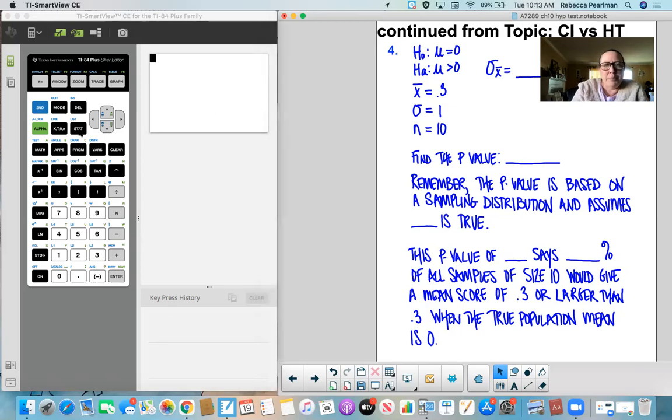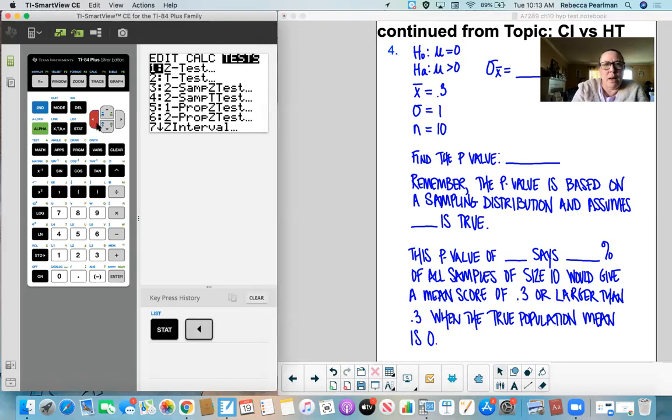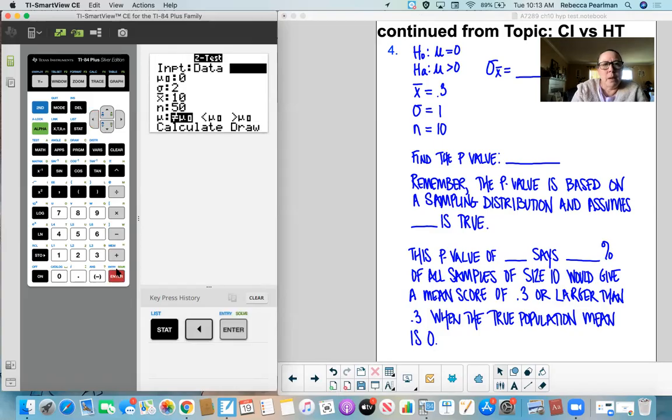Okay, so we go to stat, left to test, and this is a one sample Z test. So not a proportion Z test, but it's about means. So that's simply choice 1.